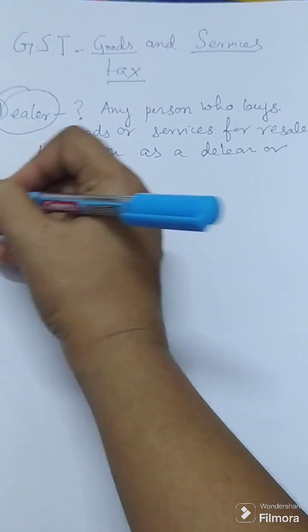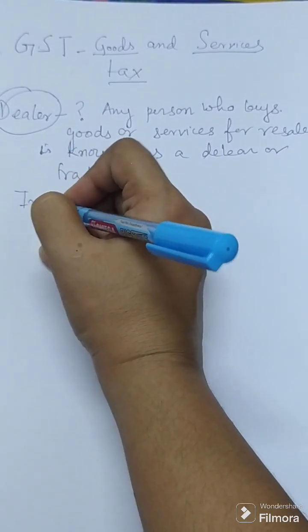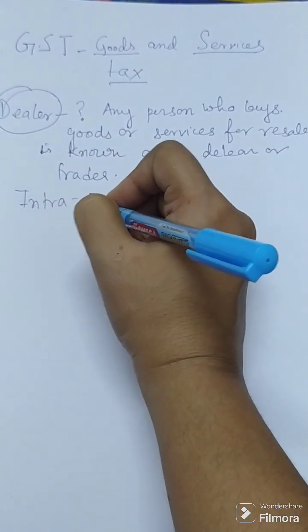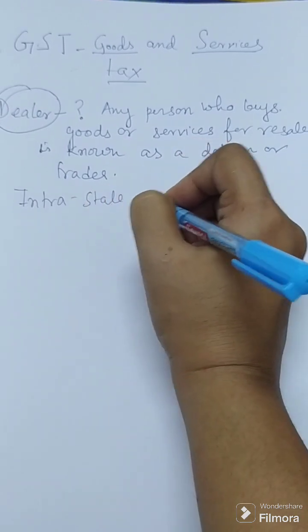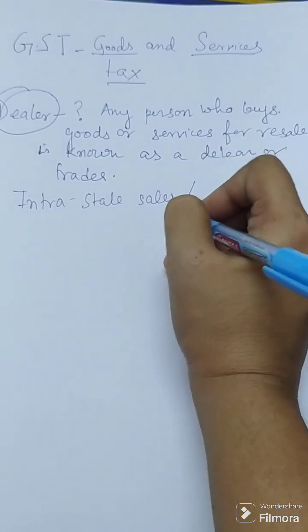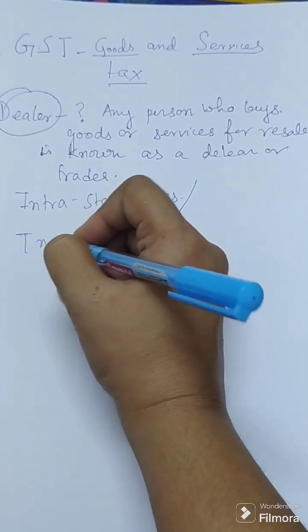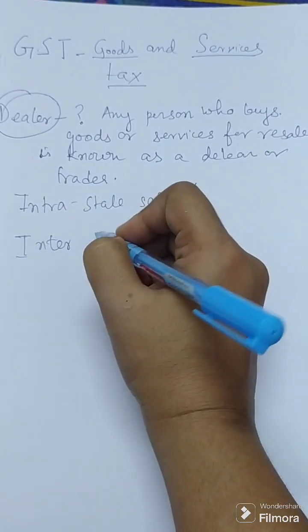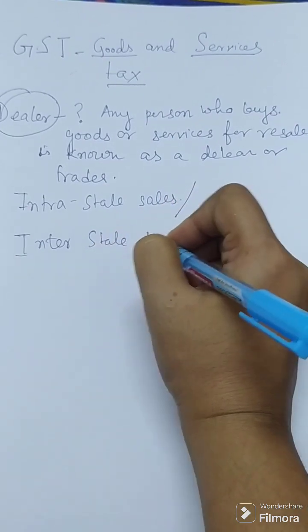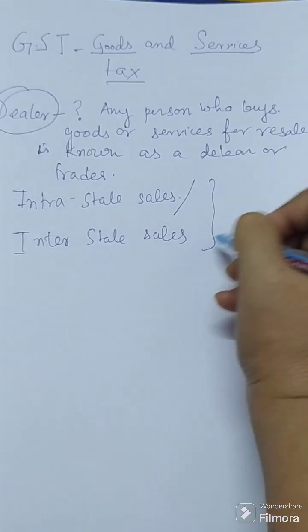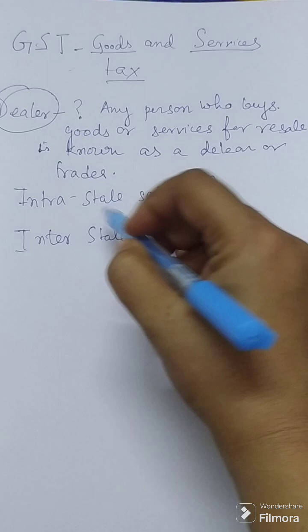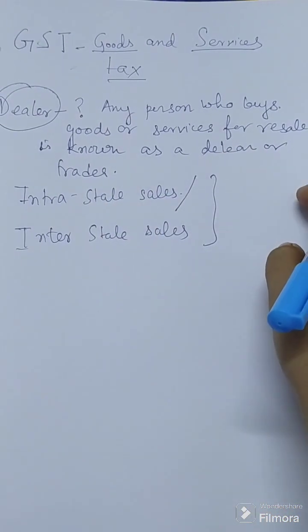The second term is intra-state sales and third is interstate sales. Actually, I will explain it simultaneously.